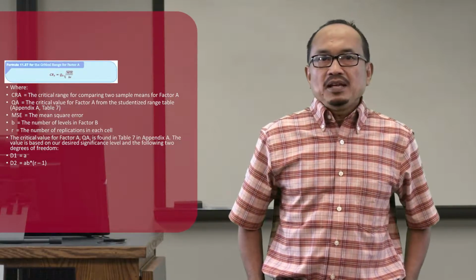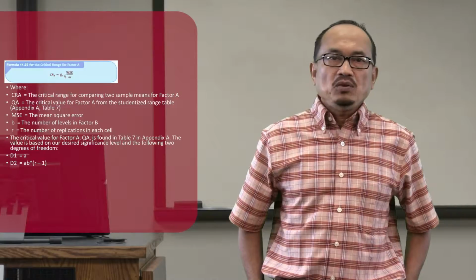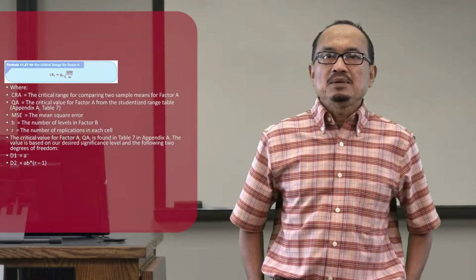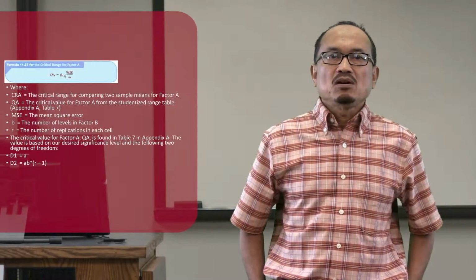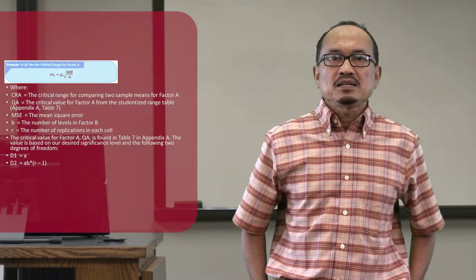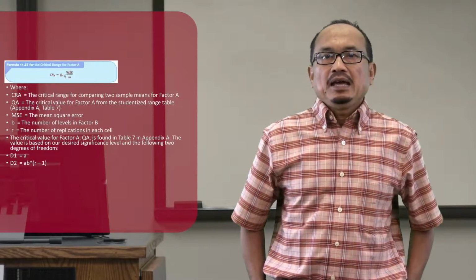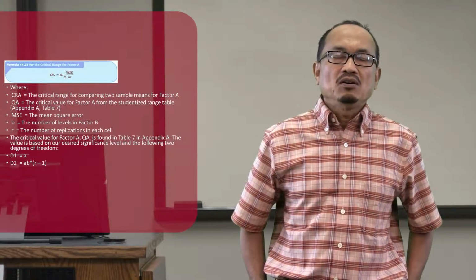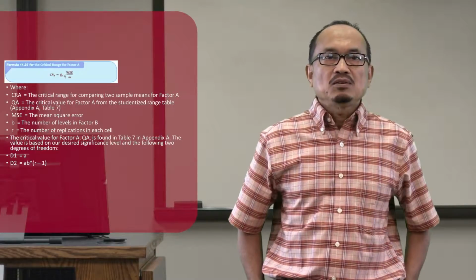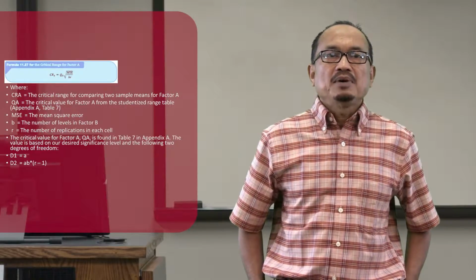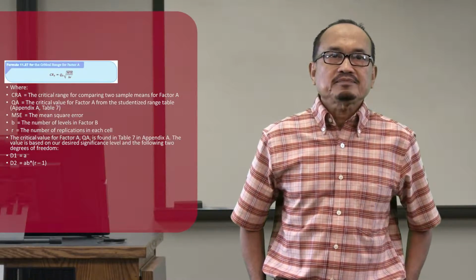The critical value for factor A, or QA, is found in Table 7 in Appendix A. The value is based on our desired significance level and the following two degrees of freedom. D1 is equal to A, D2 is equal to AB times R minus 1.